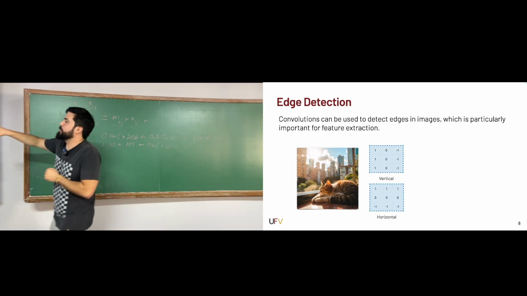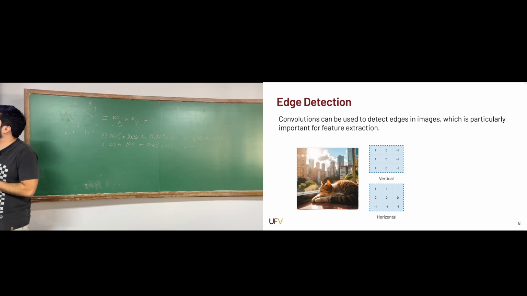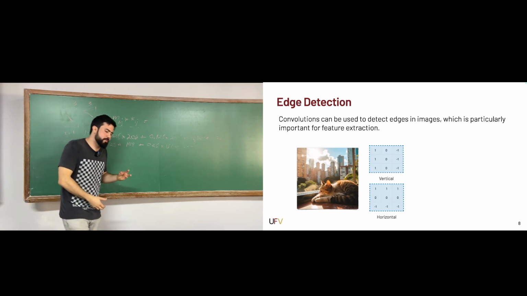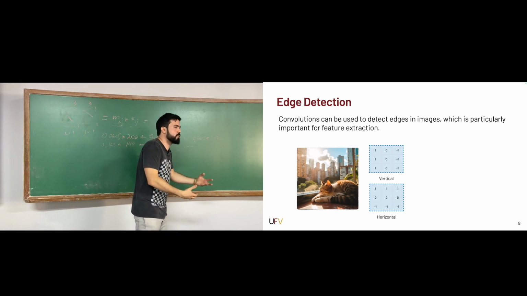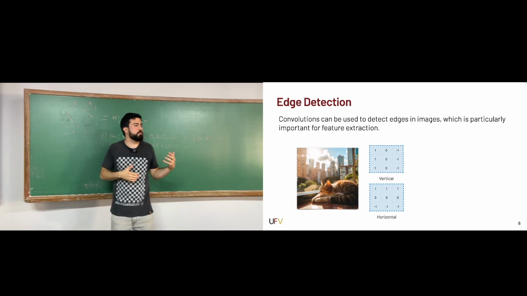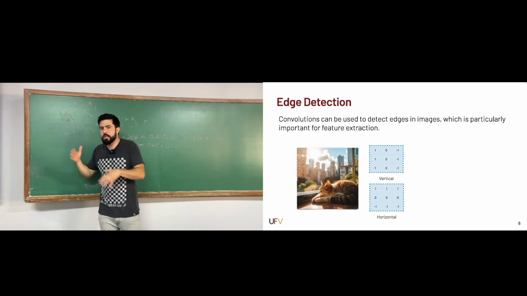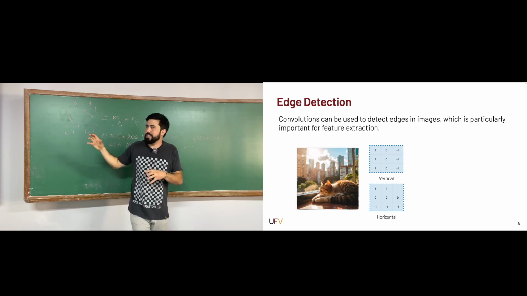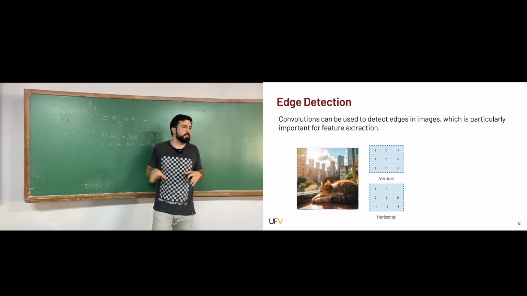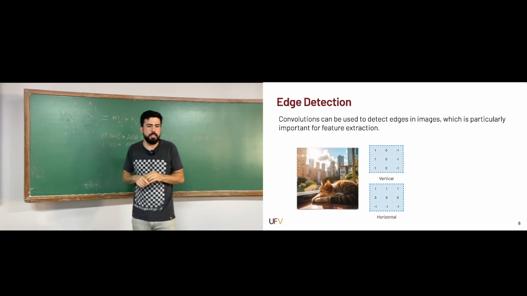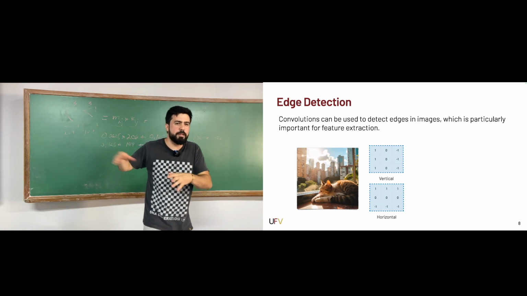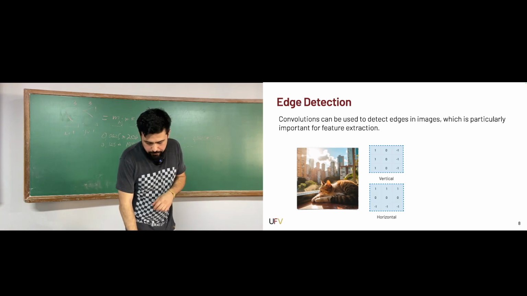In the same way, we could define a horizontal edge detector by creating this filter here. And the purpose of this lecture is not to discuss how to create these filters. This would be a topic for an image processing or classic computer vision course, because computer vision researchers have tried many of these filters over time, right? They have been studying this for a long time. So these are not random numbers that I'm picking, right? They have a meaning.